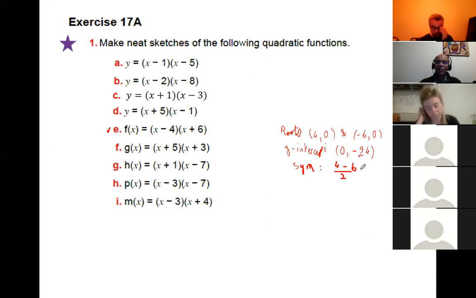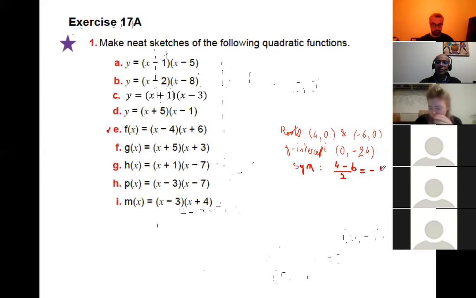That is -2 divided by 2, which is just -1. So x equals -1 is our axis of symmetry.